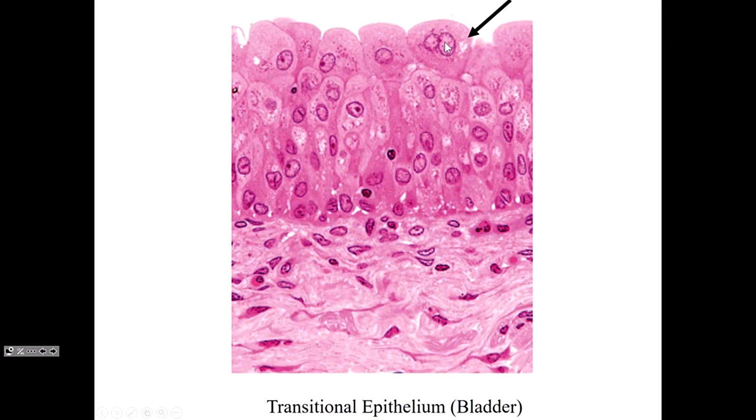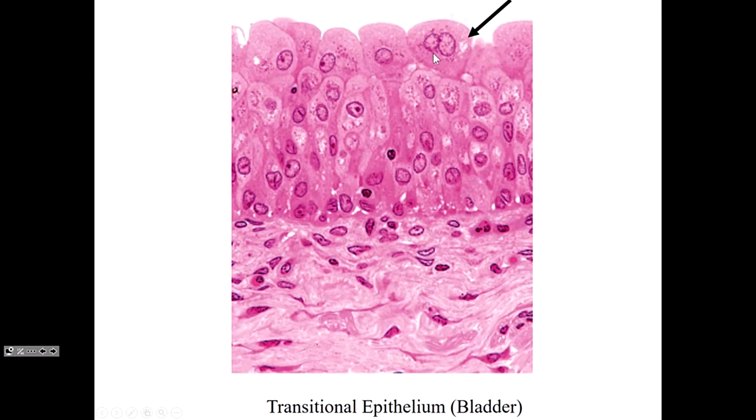And that's an important phrase I just said there: distinguishing histological feature. What you want to learn for various tissues is something that is unique to that particular tissue that allows you to identify it as such and not something else. So in this transitional epithelium, binucleated cells will tell you that you are looking at transitional epithelium of the bladder.